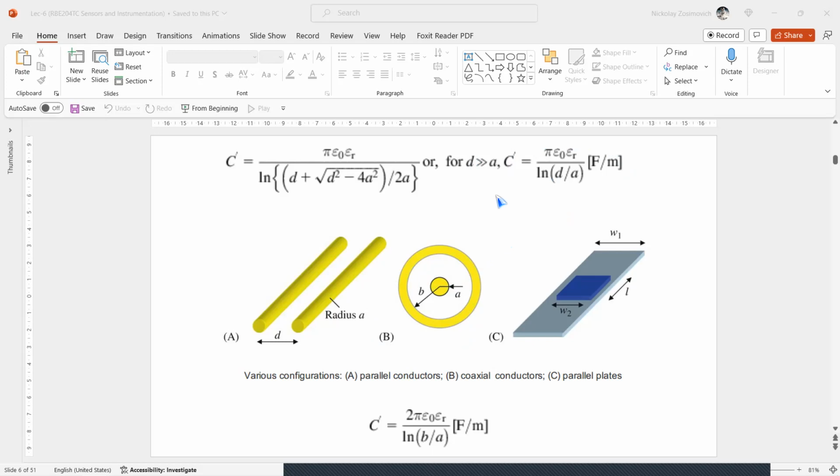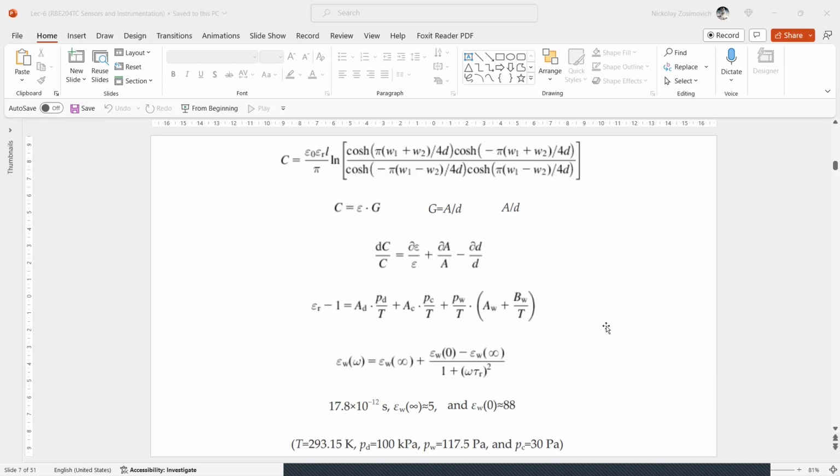For instance, consider a plate-plate capacitance, as we can see in the right figure C, with a rectangular top electrode with width W2 and length L, opposed to a long strip electrode with a distance L. The capacitance of this structure, as often encountered in capacitive displacement sensors, is expressed by the equation on the top. This is a big, unusual equation.